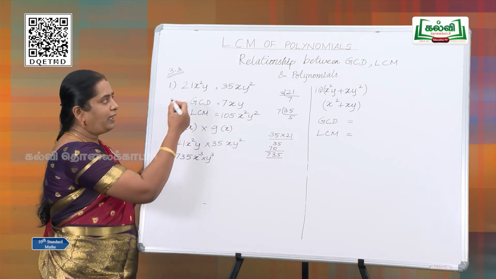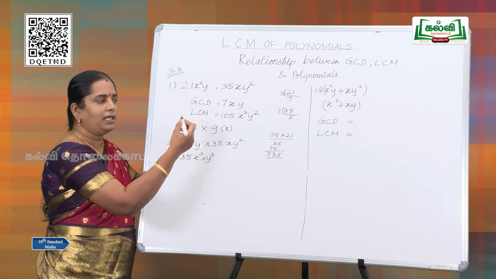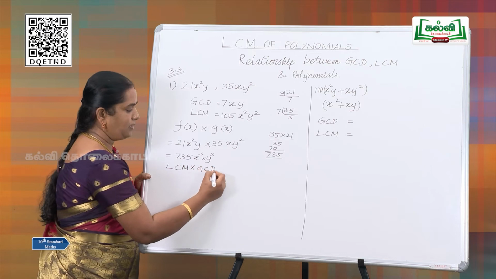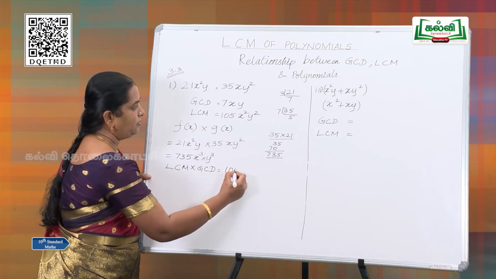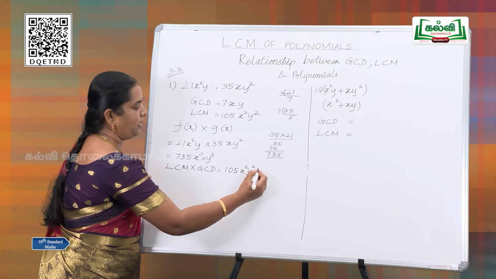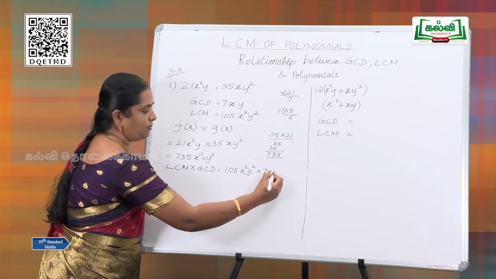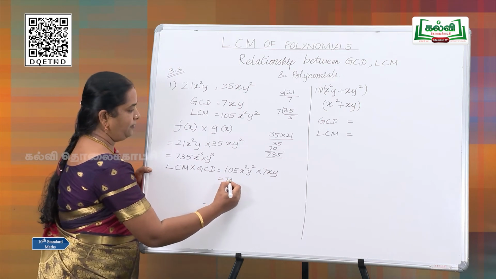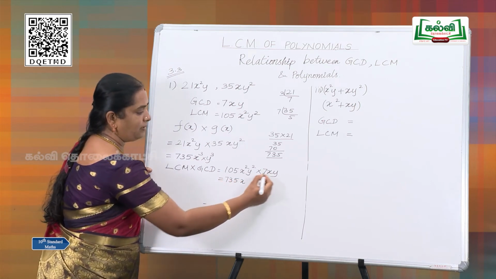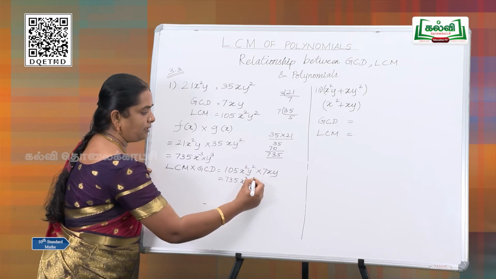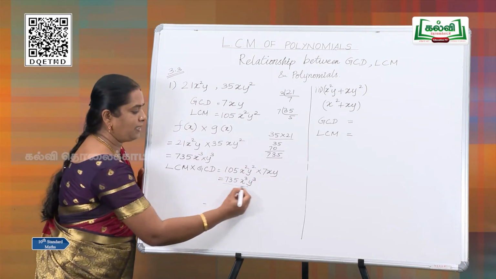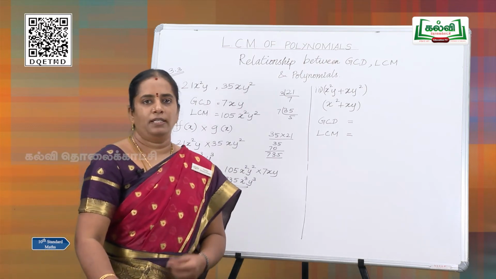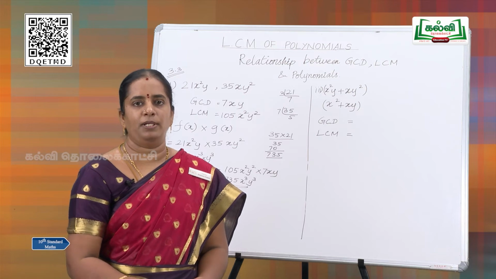Then find the product of GCD and LCM. LCM into GCD is 105 x square y square into 7xy. While multiplying we get the answer as 735 x power 3 y power 3. So, we have got the same answer. So, we have proved the relationship that f of x into g of x is equal to LCM into GCD.